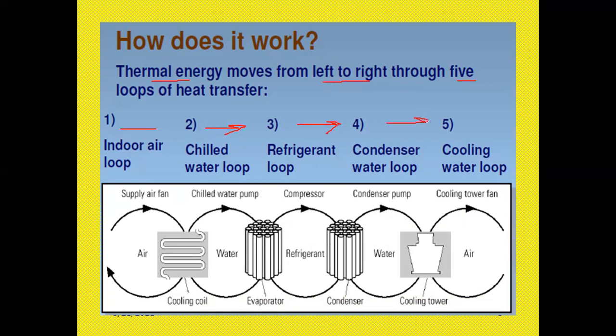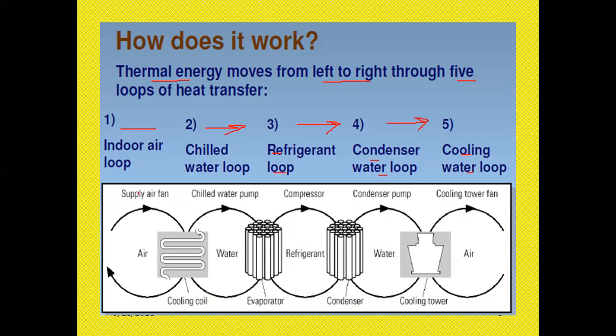Now see here: the indoor air loop, chilled water loop, refrigerant loop, condenser water loop, and cooling water loop. So these are the 5 types.